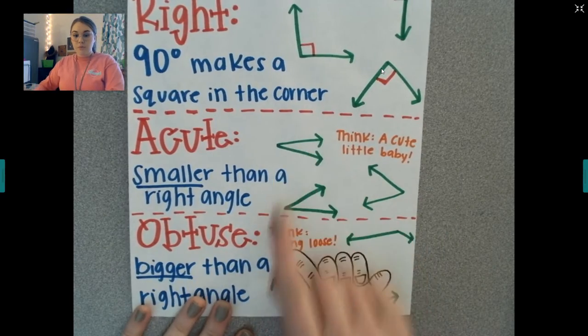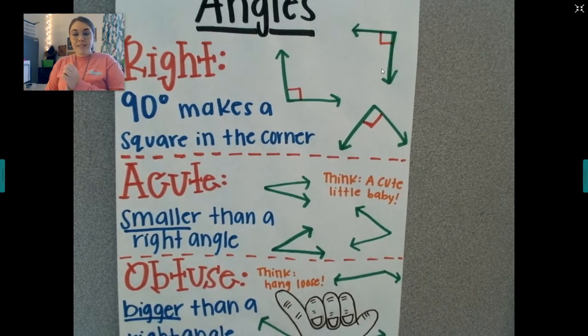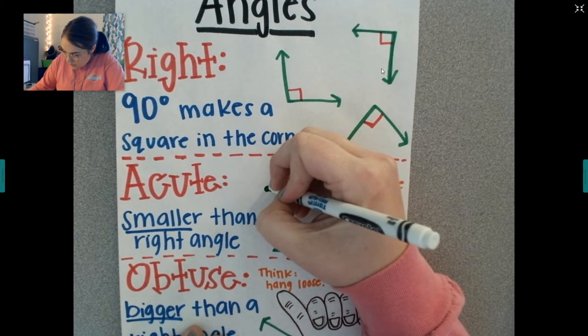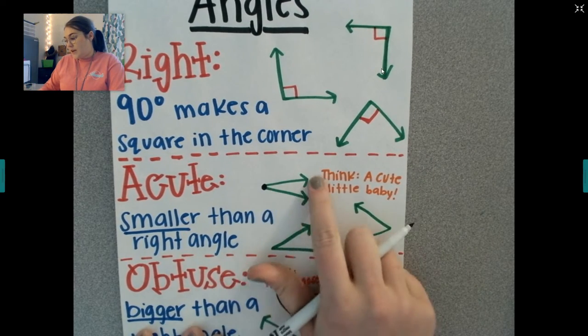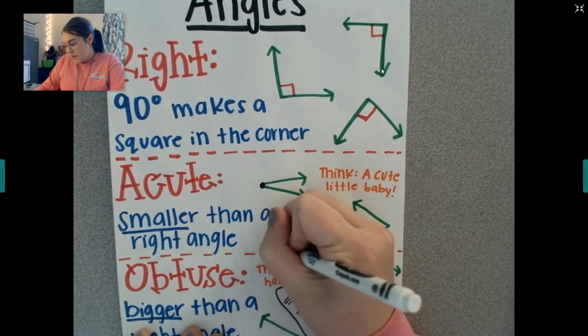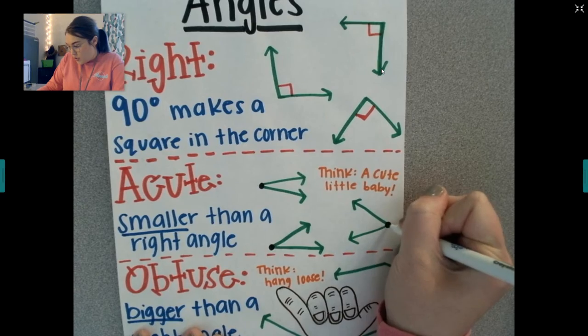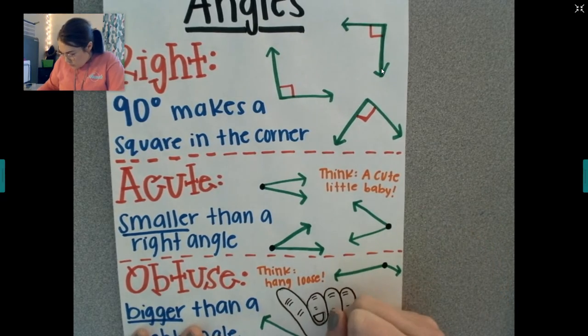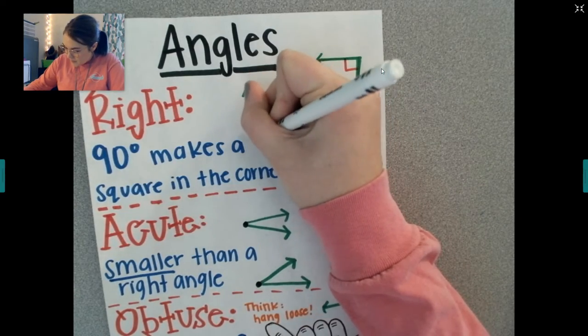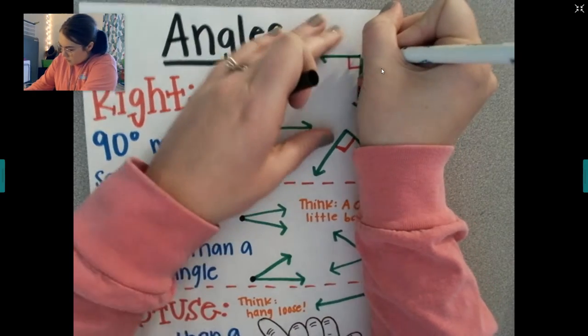Right, acute, obtuse. An angle is actually made up of rays. So if I was to draw a point right here, you could see that this angle has 1, 2 rays. Same with all of these. They're made up of 2 rays. Let me go ahead and label these real quick.